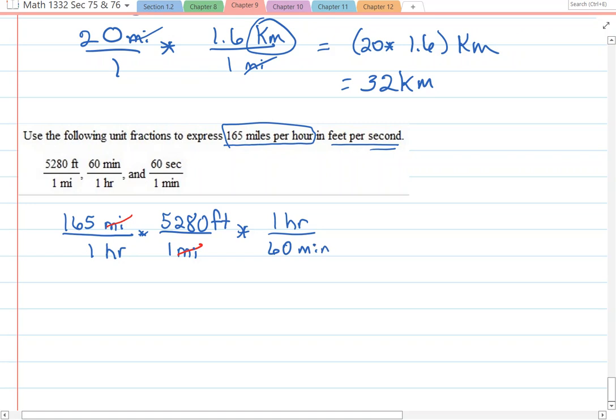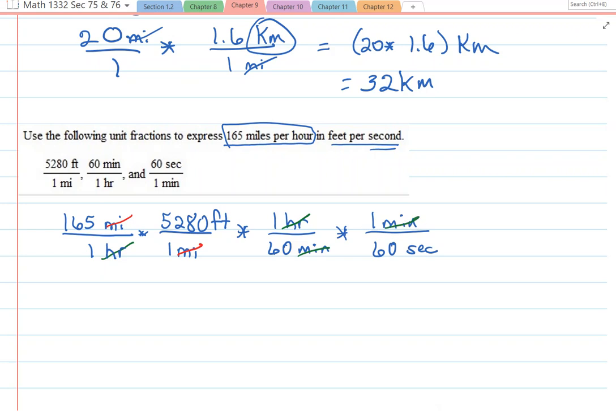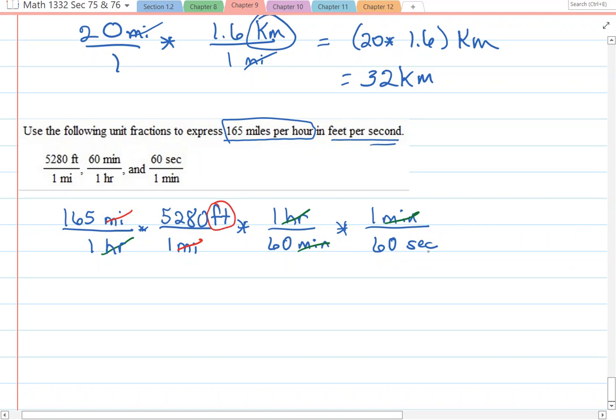So what this does is it cancels the hour. And I'm in minutes, but I need seconds, so I have to do another conversion. Then I know that 1 minute is equal to 60 seconds. All right. So that cancels the minute. So I end up with feet per second. So I'm there.